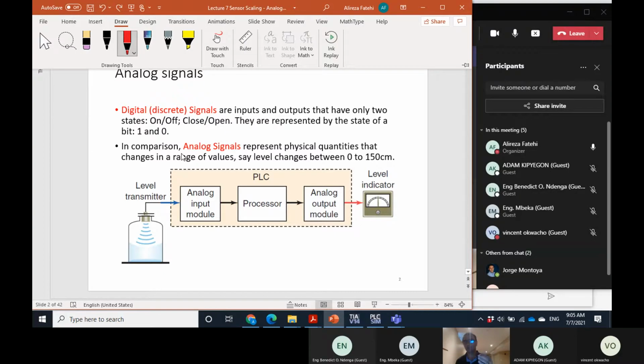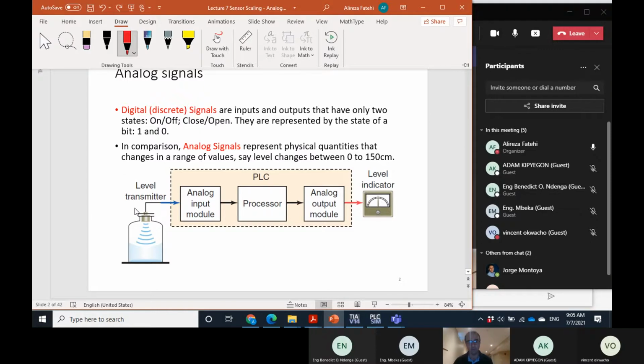We want to know the exact temperature of the room, or the exact level. These are called analog signals, even when we represent them by binary data in the PLC. We still call them analog in the PLC.